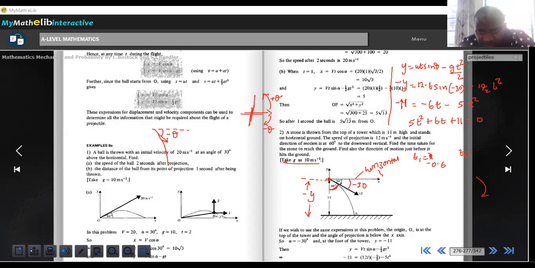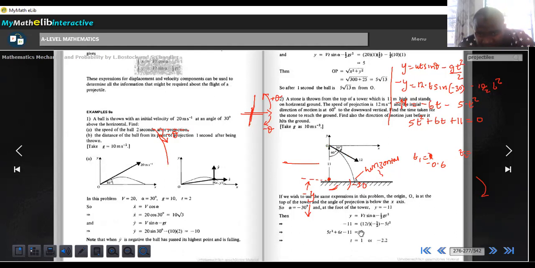That is strange. These are not the answers we expect: 1 and negative 2.2. Yes, my fault. I've seen it. When you cross over these two, this one remains negative as the others become positive.